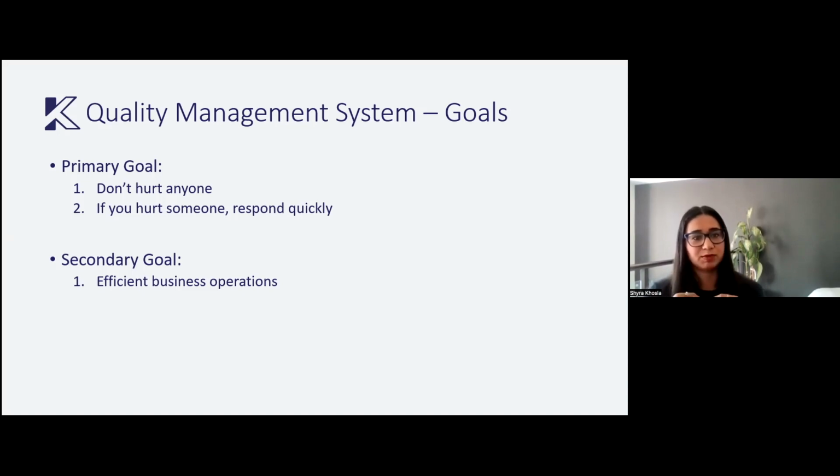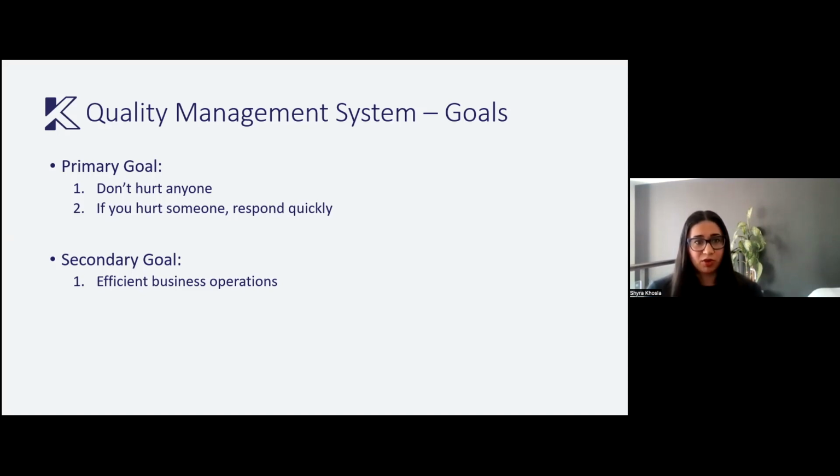It could be related to a specific batch, a specific component, or a specific design change. That's where a lot of the QMS traces down to: how do you go back and find what other patients could be hurt, how do you pull all of that together, and then how do you prevent it from happening again?